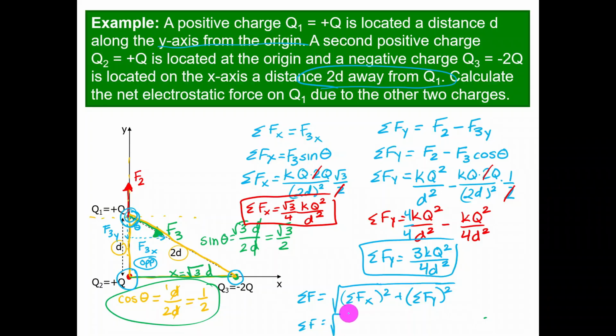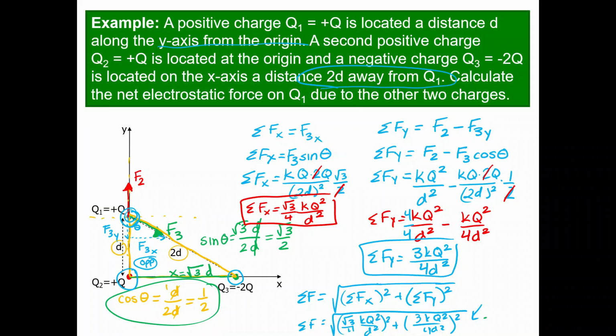And I wouldn't even bother calculating this out or plugging it in or anything. I would just leave it as the square root of (square root of 3 over 4 kq squared over d squared) squared plus (3kq squared over 4d squared) squared. Okay, and that is what our net force is.